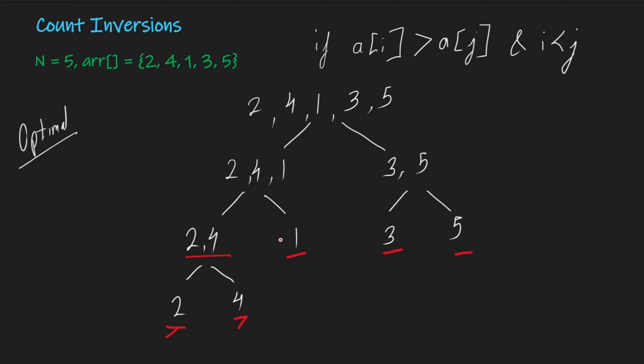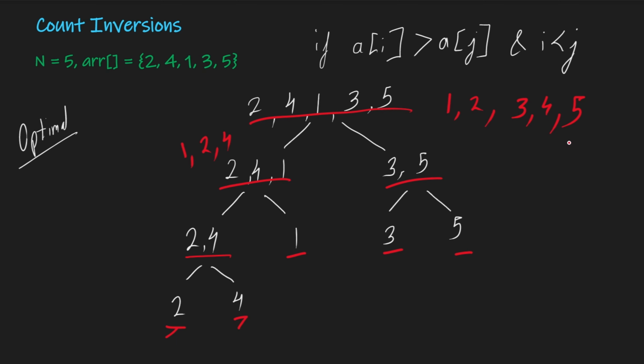Now for this pair, 1 is actually smaller, so the new array will become 1, 2, 4. Here 3, 5 is the real array because it is already sorted. Now in this position, the new array will become 1 will come here, 2 will come here, but 4 is greater, so 3 will come here. After that 5 is greater, so 4 will come here, and then 5 will come here.